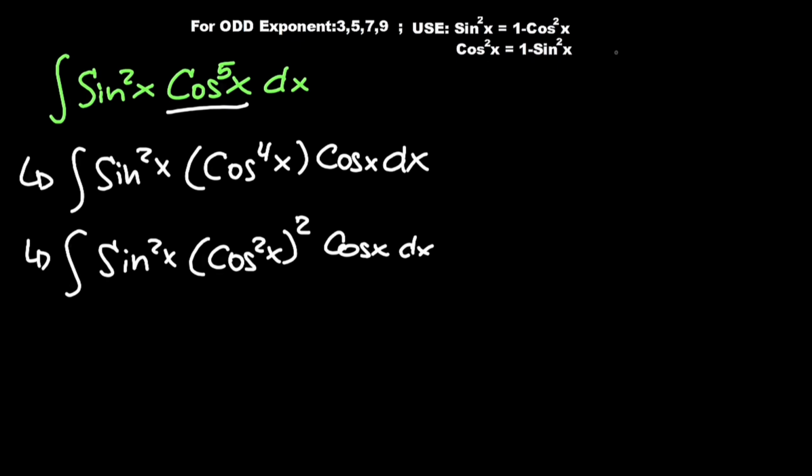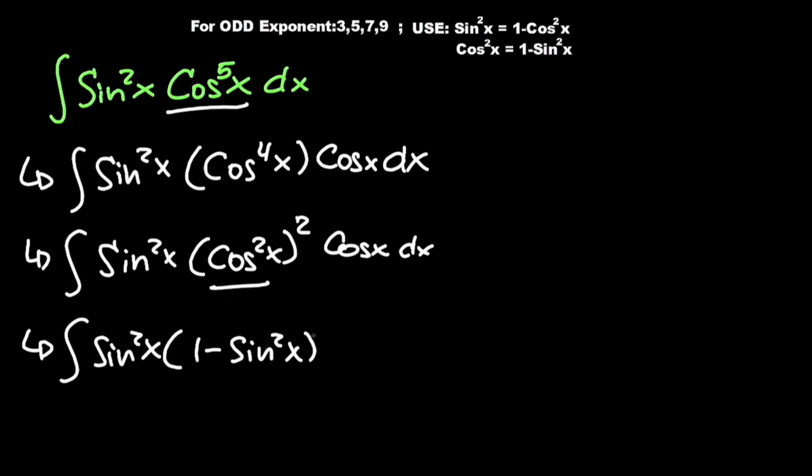And now, let u here be, I forgot, we must first transform this cosine² of x into its trigonometric identity form. And so, let u here be sin⁵x.